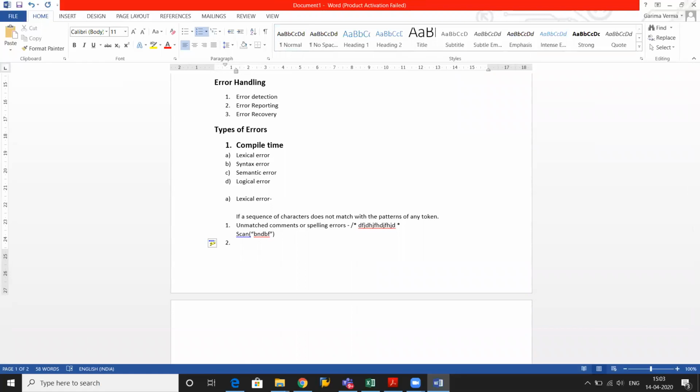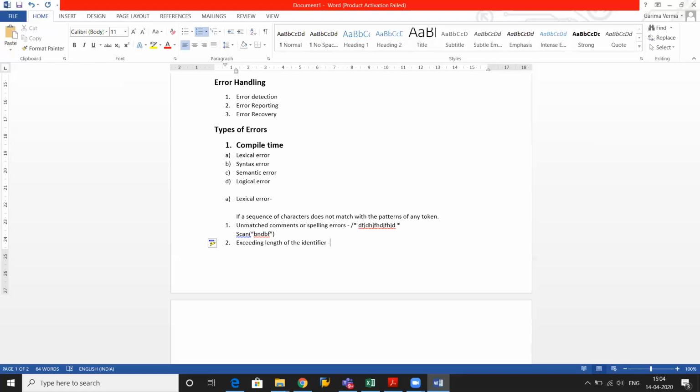Fine. Now the second type of error under this category can be exceeding the length of the identifier. In some languages like Fortran and C, there are restrictions on the name of the variable. Basically, what is an identifier? When you are defining a name of a variable or a function, then these user defined names are called identifiers.